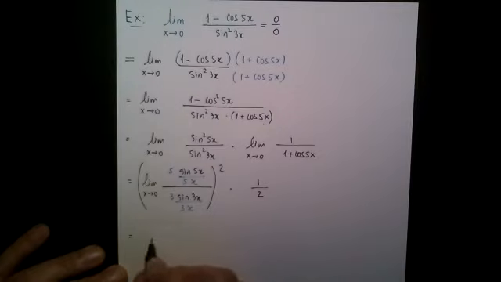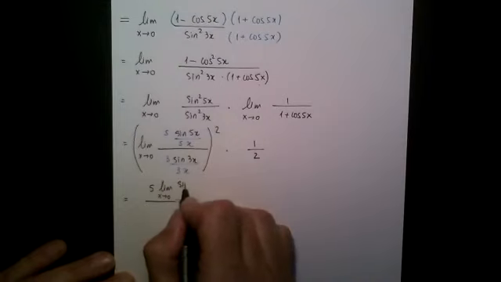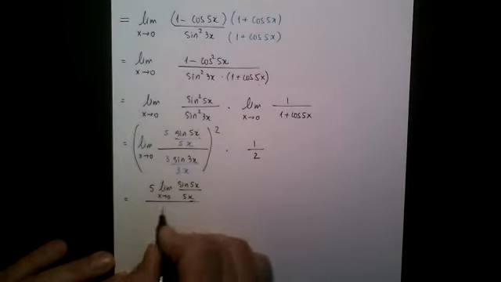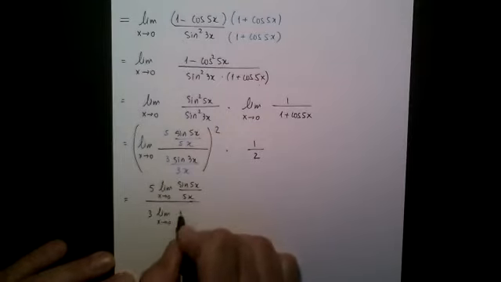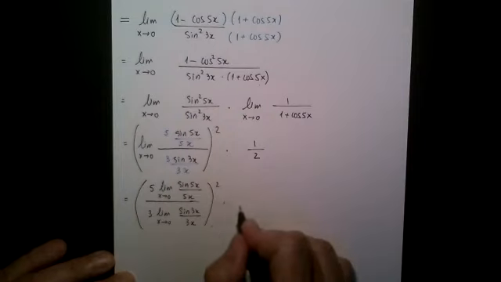So I have 5 times limit x approaches 0 of sine 5x over 5x. And on the bottom, 3 times limit x approaches 0 of sine 3x over 3x, and all this to the power of 2, and all this times 1/2.